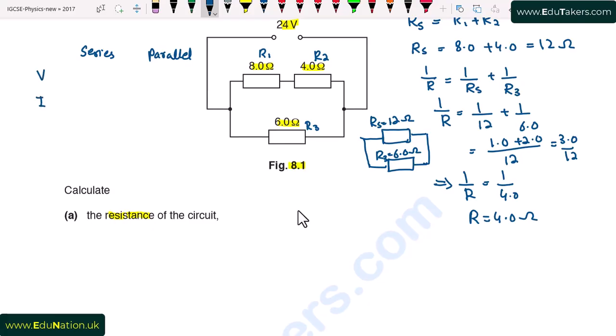In the series combination, potential difference changes while current is same. But in parallel combination, potential difference is same while the current is different.